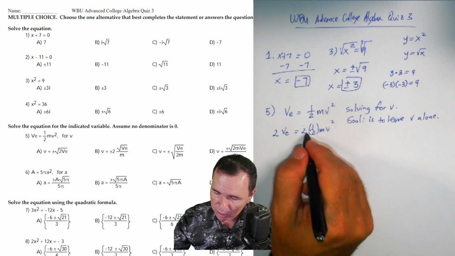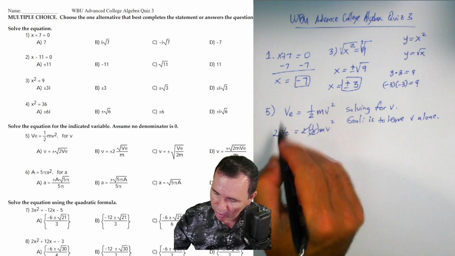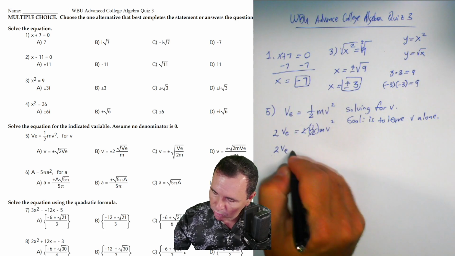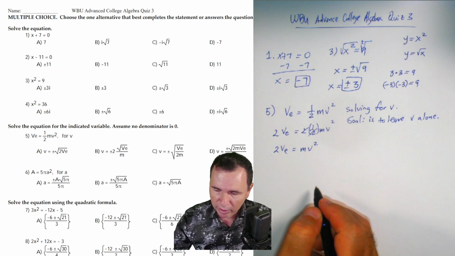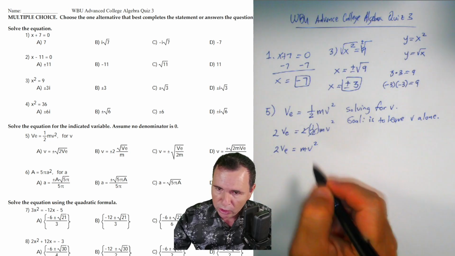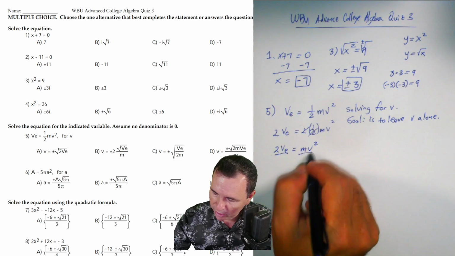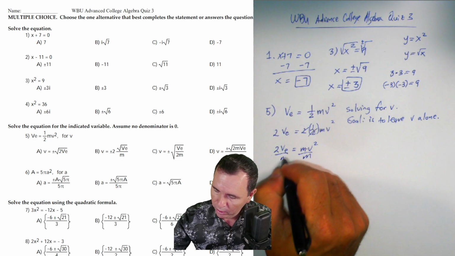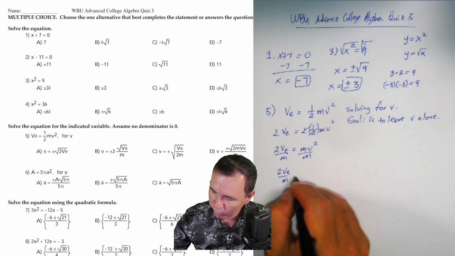So notice what happens. 2 times 1/2, they cancel. And I'm going to have 2KE equals mv squared. We're almost there. Now we've got to get rid of the m. Notice that there's a multiplication. So the inverse process would be to divide by m. So far we have 2KE over m is equal to v squared.